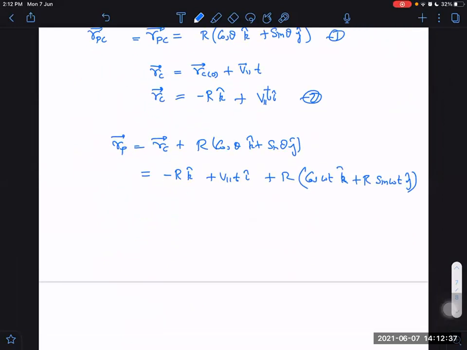This only, where R, we know, is nothing but V perpendicular divided by B alpha, and omega is nothing but B alpha. So what is the position vector of the particle as a function of time?